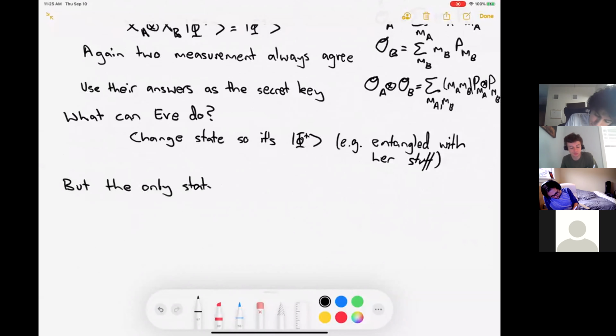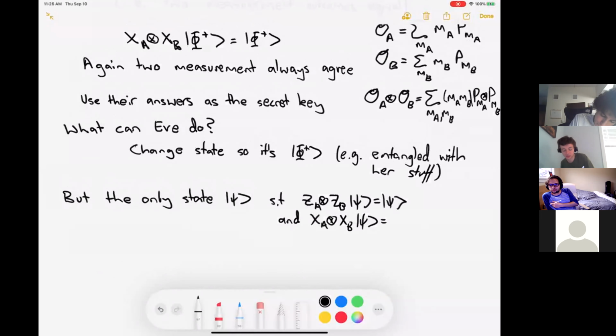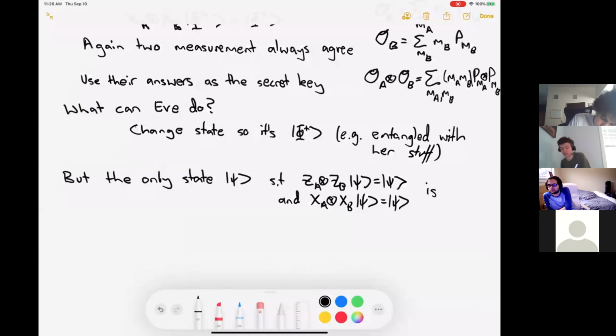The only state psi such that ZA tensor ZB psi equals psi, i.e. if you measure in the Z basis, you'll always get the same outcome for both Alice and Bob, and XA tensor XB psi equals psi, is actually phi plus.